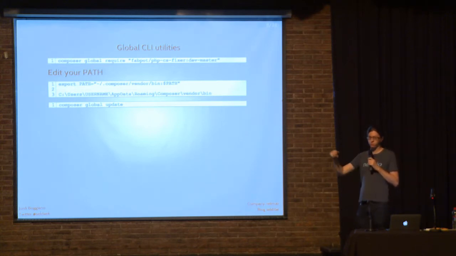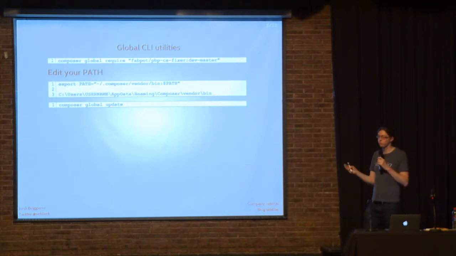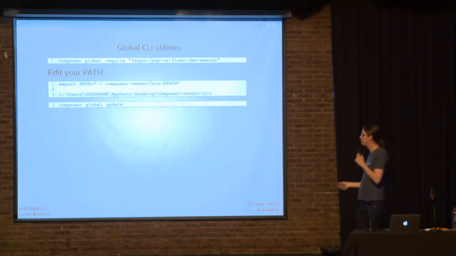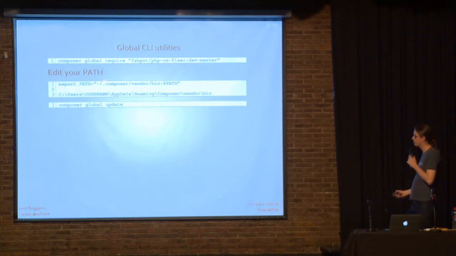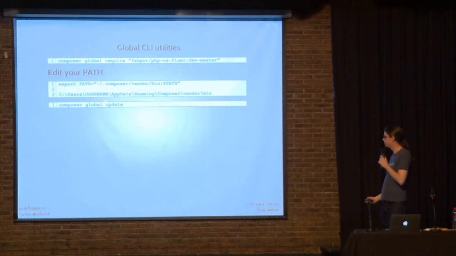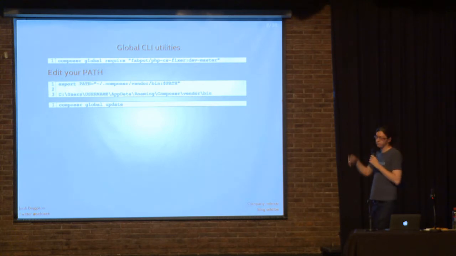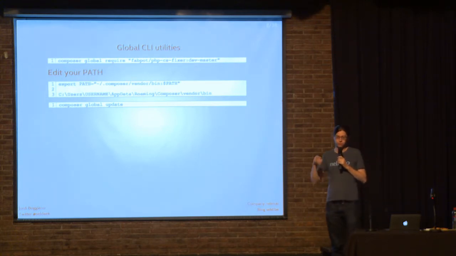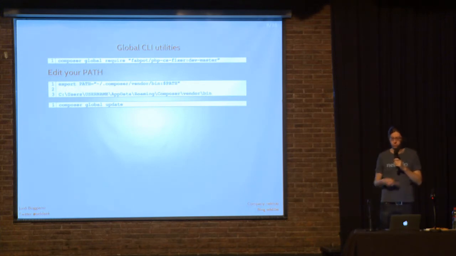So you just say composer global something, and it will run that as if you were running it in this global directory, which on Linux and OS X is in your home dir .composer. On Windows, it's this longer path that would end here. So it just runs it there, and it installs the dependencies in this global location. So you can also update your global tools and whatever.